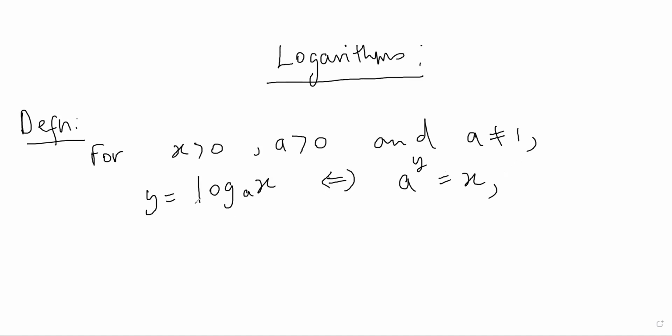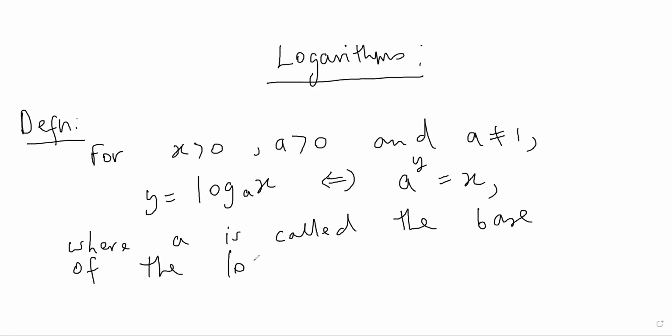Meaning that if you have y is equal to log a x, then you have a to the y is equal to x, where a is called the base of the log.